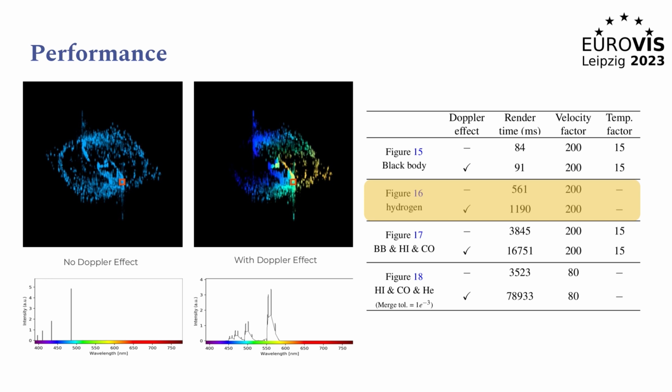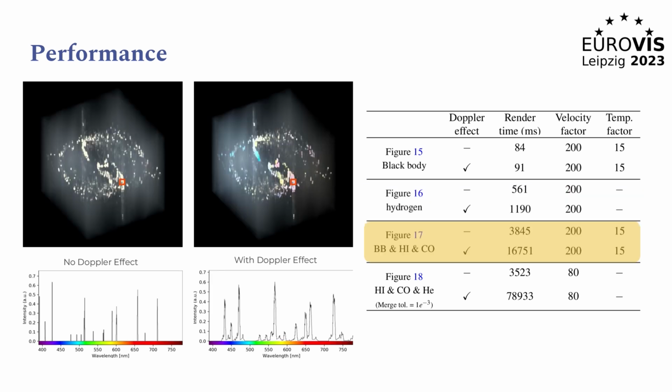For example, when we do hydrogen, which has the fewest emission lines, it takes 1 second with Doppler effect. But when we do hydrogen and carbon, we have more lines, and it takes significantly more time to render them all because the accumulation is a very recursive process. But it is still able to render them.